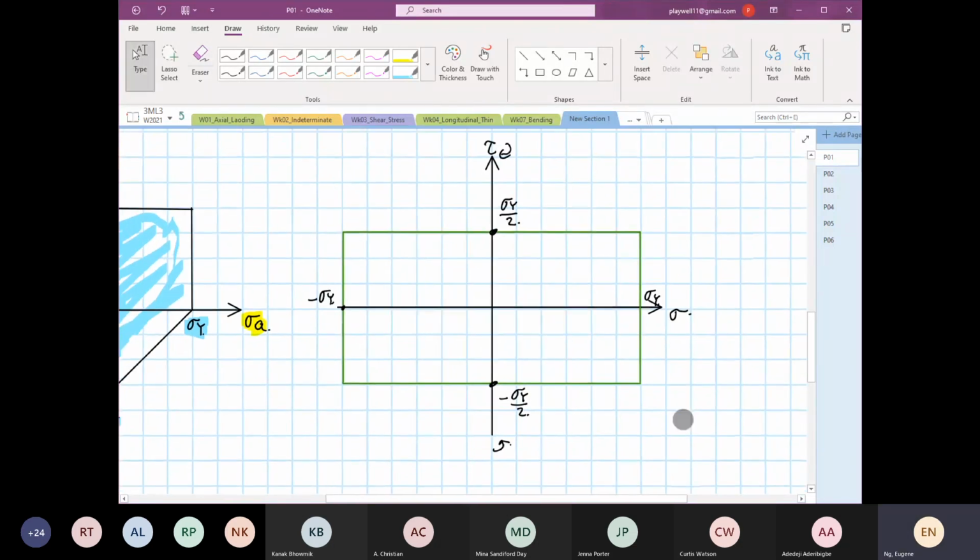So in a nutshell, that is Tresca's criteria in Mohr's circle, graphically.